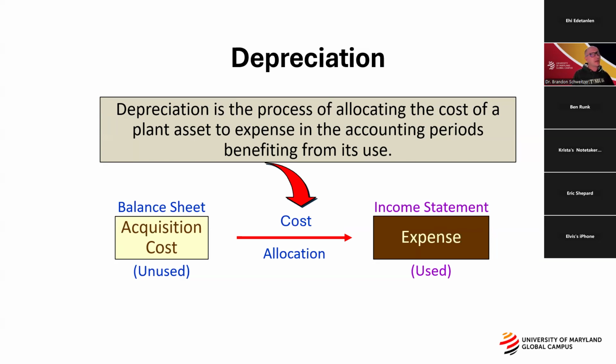We're expensing the value out over time. Depreciation does not measure the decline of the asset's market value or its physical deterioration. It only measures the loss of the usefulness over time.